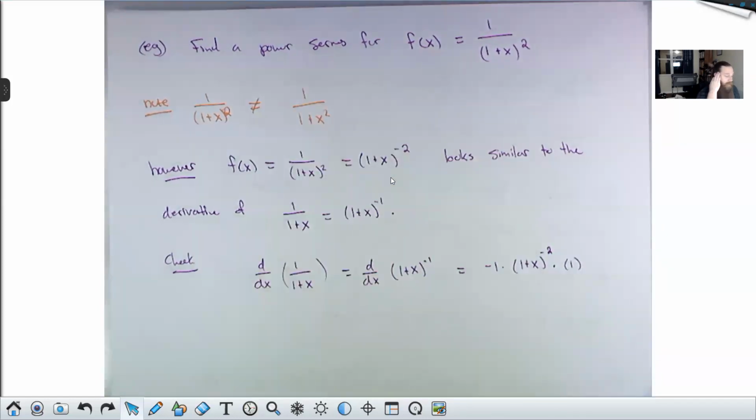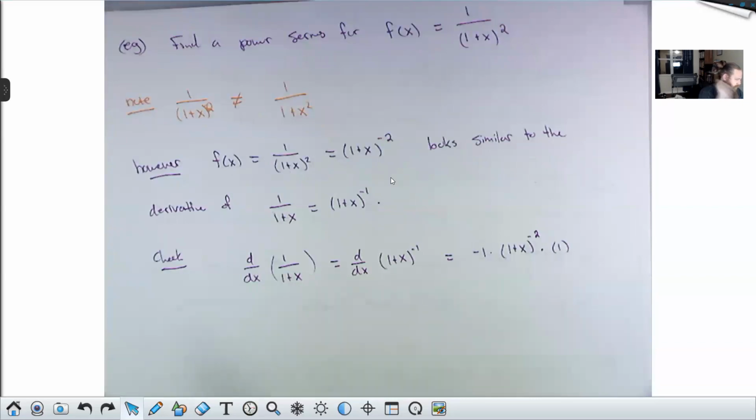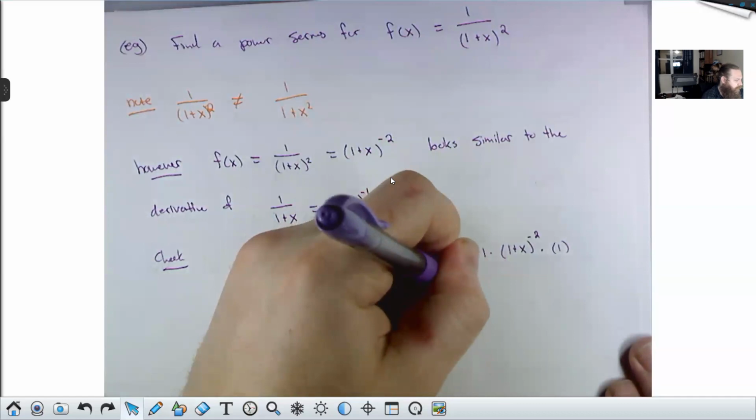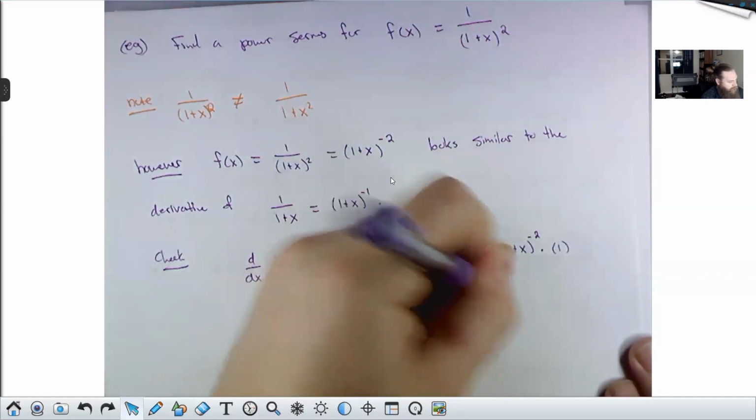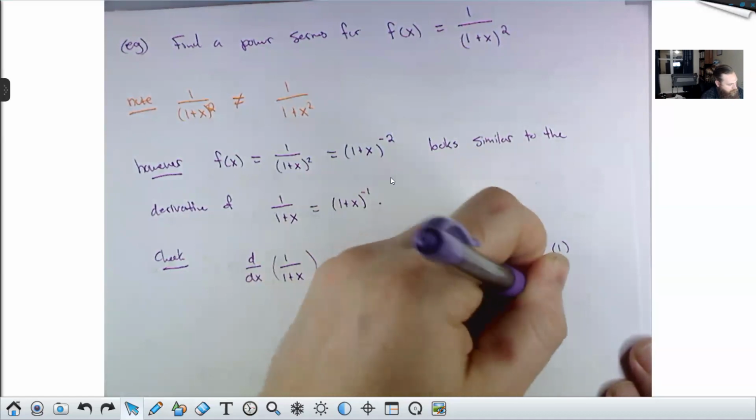If this was 2x, 1 over 1 plus 2x, that would be a 2. So what I get is negative 1 times 1 over (1 plus x) quantity squared.